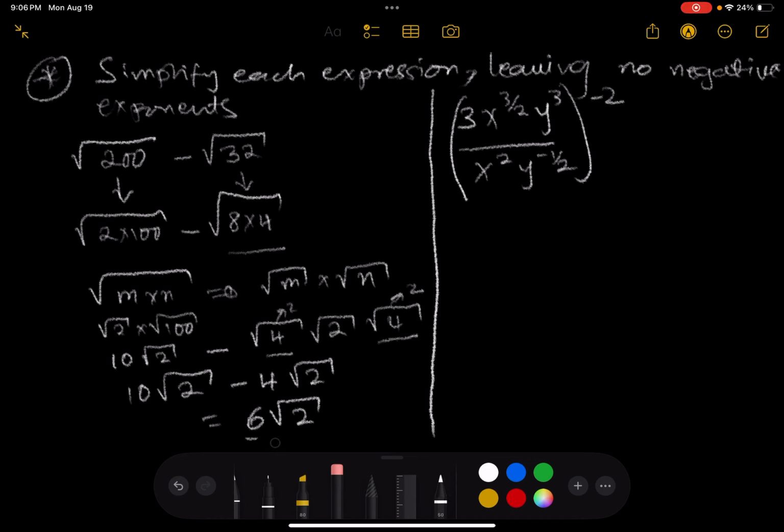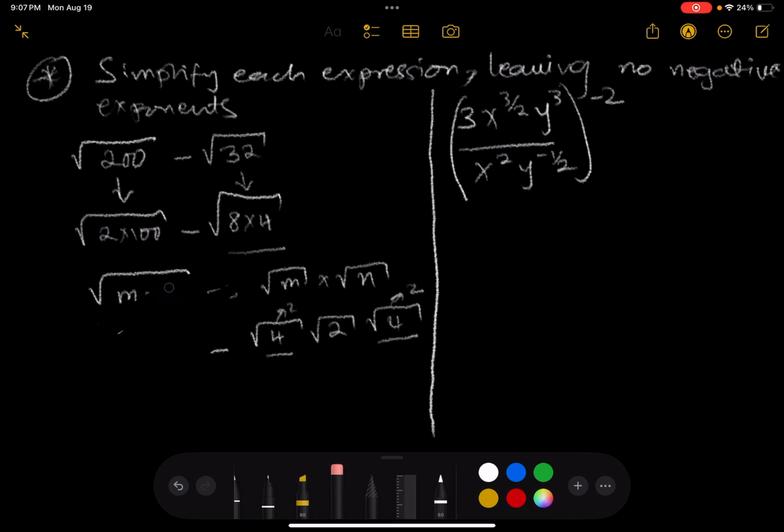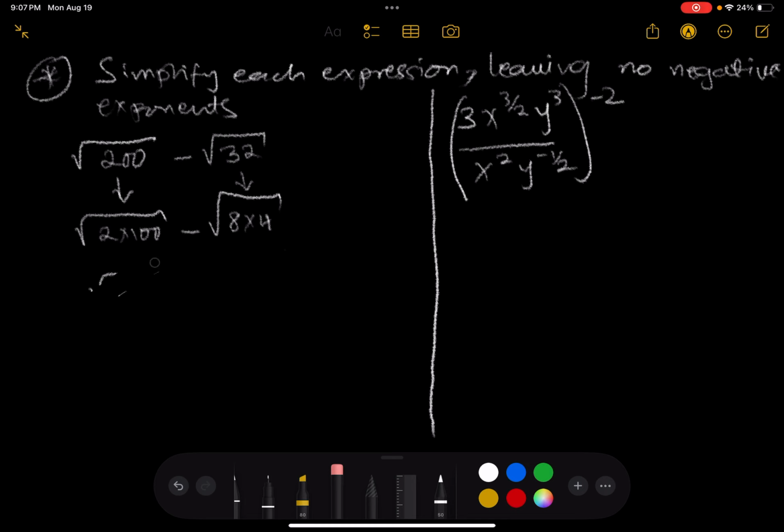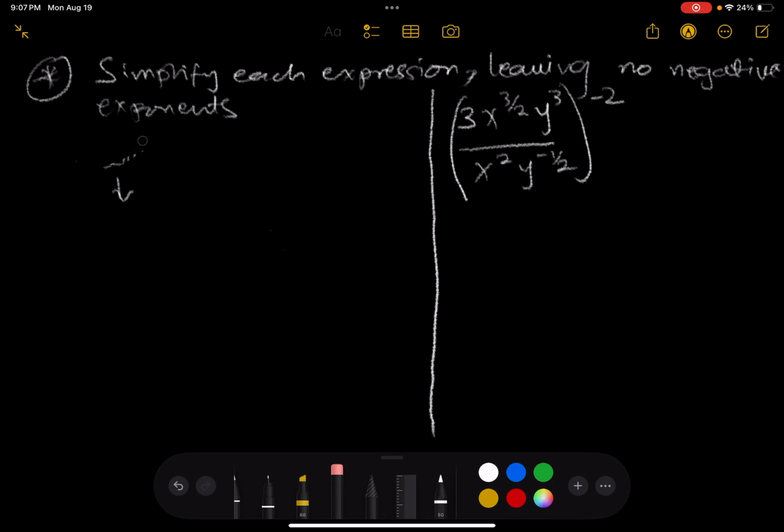So the way I want us to go about this one, let me get us some space here so we can proceed. The way we are going to work through this one is essentially the same way we worked through the previous problem. So simplify this expression without leaving a negative exponent.